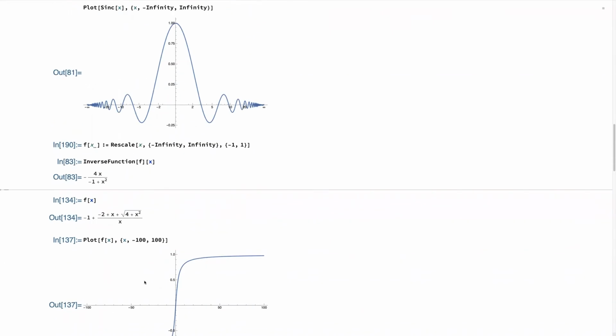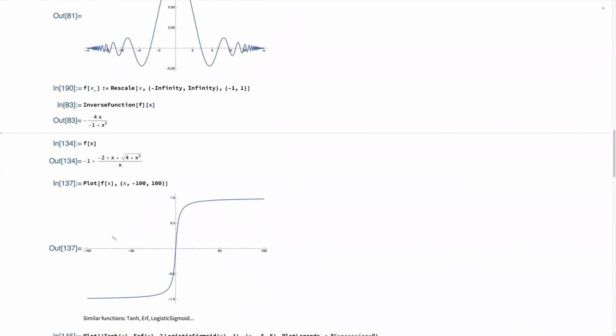To plot this transformation function, you can see it in this plot. The X direction is the original domain. The Y direction is the transformed domain. You can see how it tapers quickly to 1 and -1. But this is just one of infinitely many transformation functions.